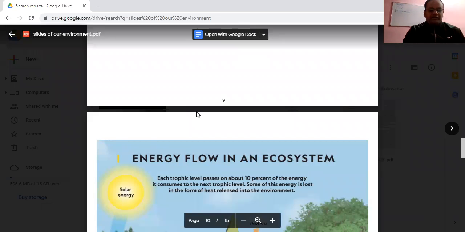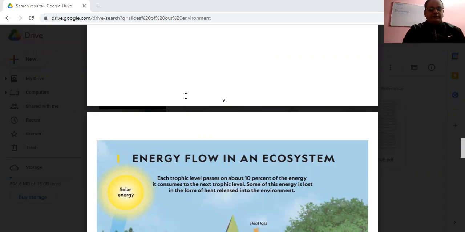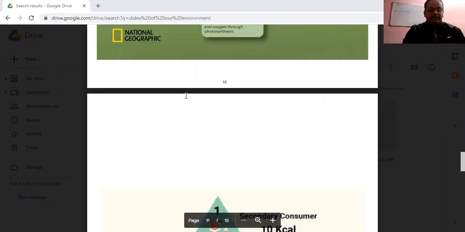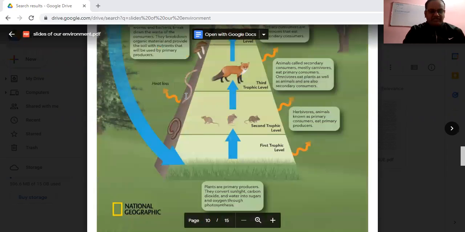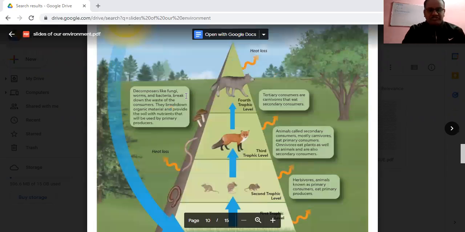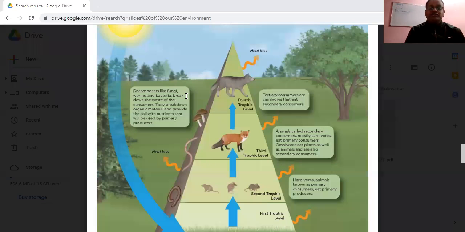Okay. Now, students, before going into the next topic, energy flow, one very important concept is there in the energy flow, and that is the feature of energy flow in an ecosystem.